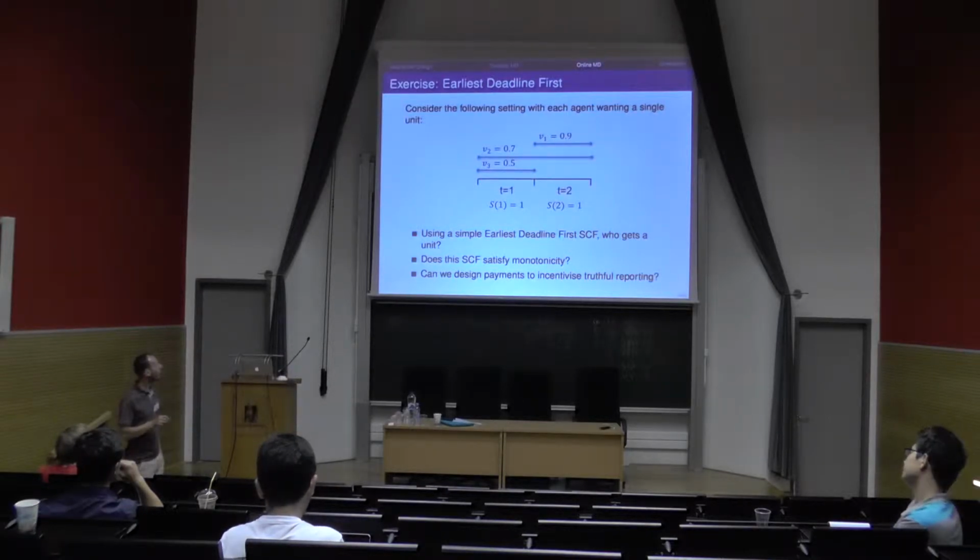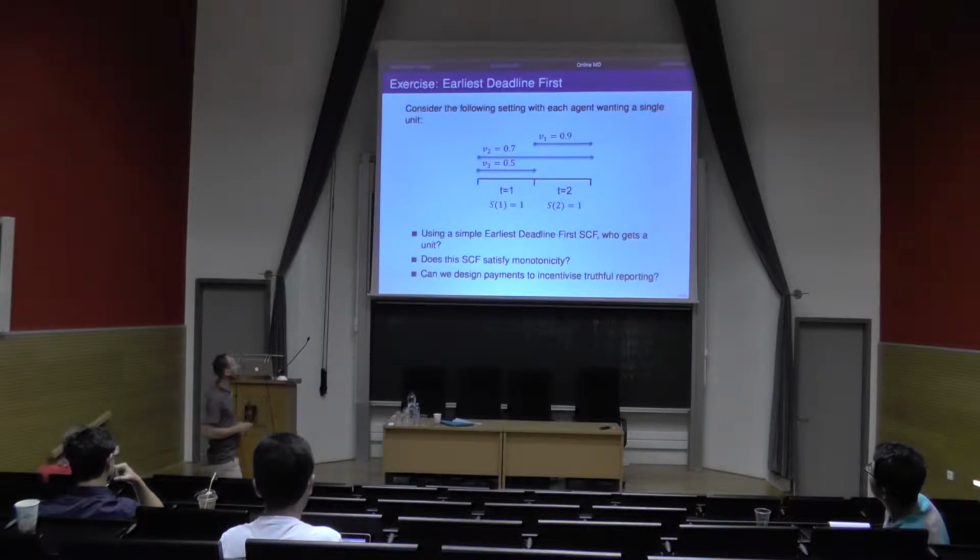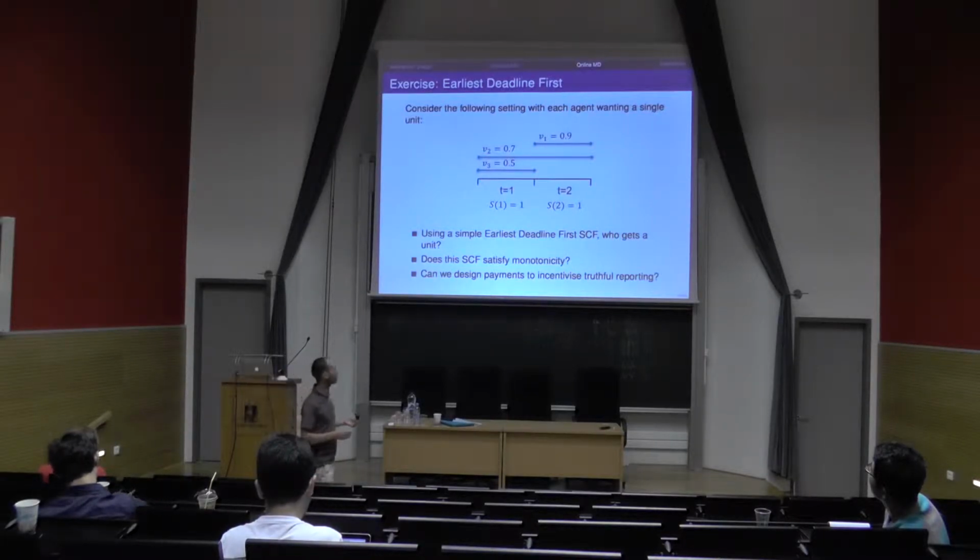If we have a social choice function called earliest deadline first, we get an allocation where agent 3 gets slot 1, to be precise, and agent 1 gets slot 2. Can we define payments that satisfy incentive compatibility and individual rationality as well?